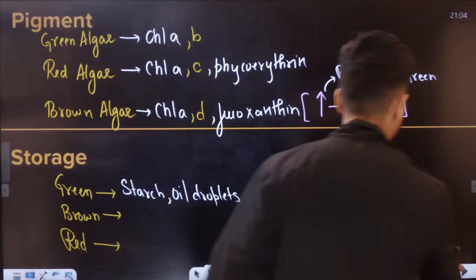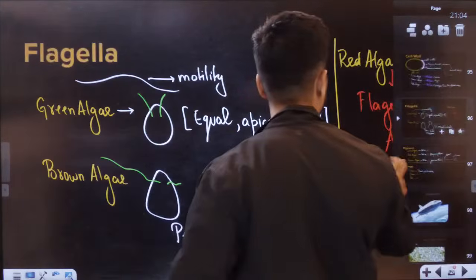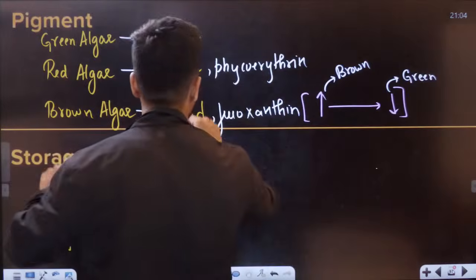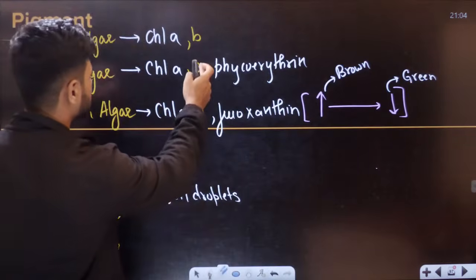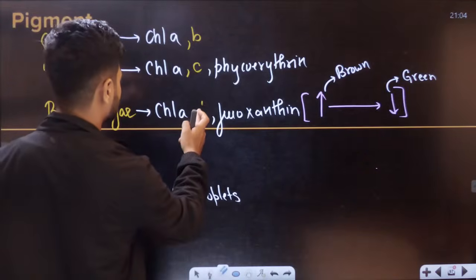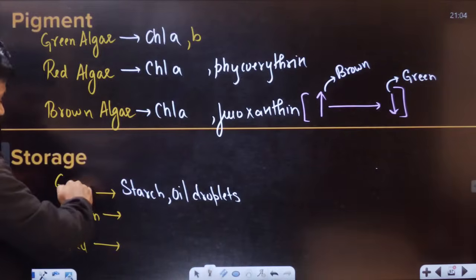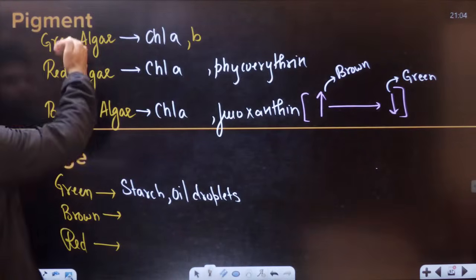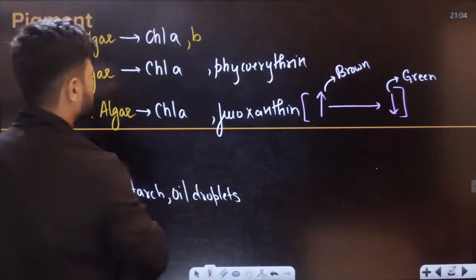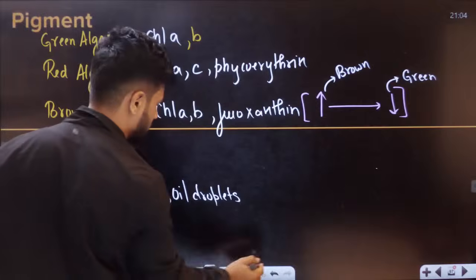Oh, I think I missed out, students. I think I wrote the order wrong here. One second. I wrote red algae up. I'll just change this. Usually I always write green, brown, red. So this will become C and this will become B now.